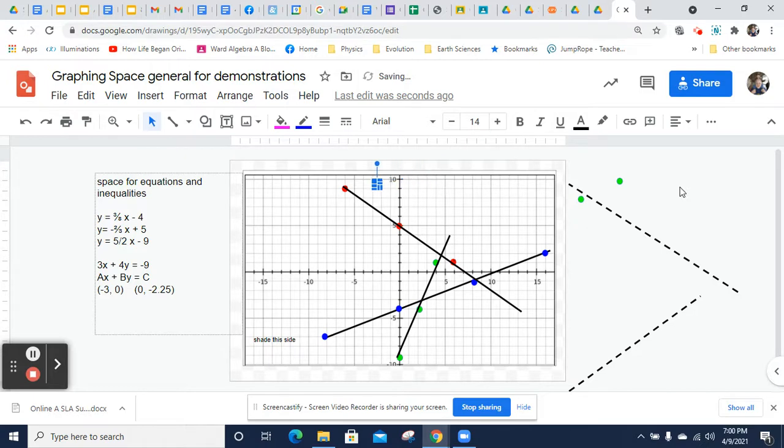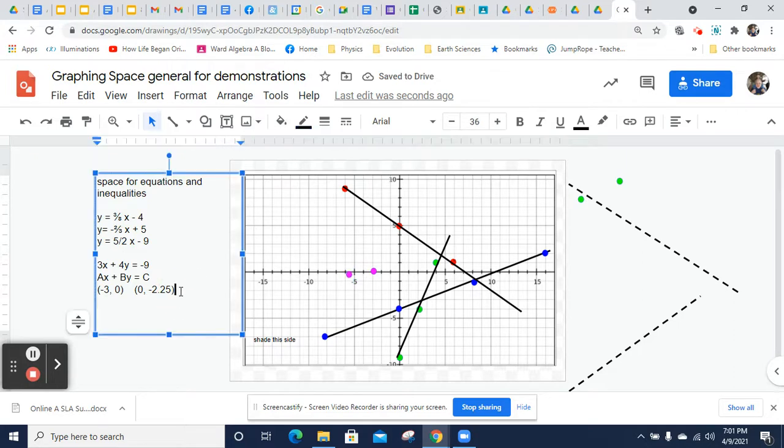So we're going to plot an anchor point at -3, 0. That is our x-intercept. So it's useful to just mark a point. Now I've got an extra dot as well that I can work with. So there's my x-intercept right there at -3, 0, and I moved this one a little off so it's not in the way.